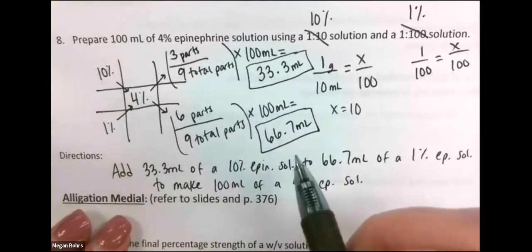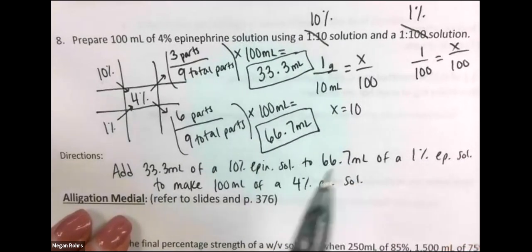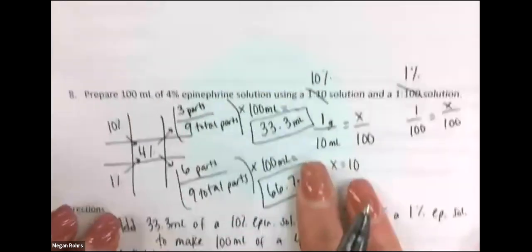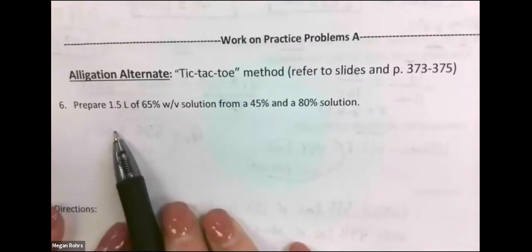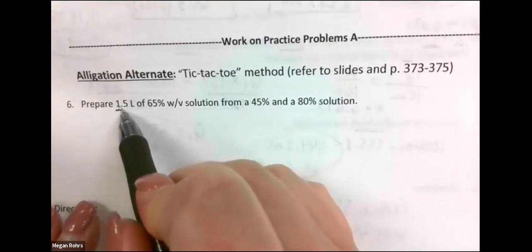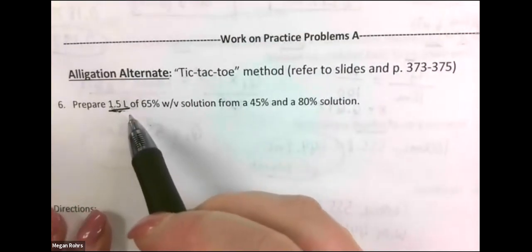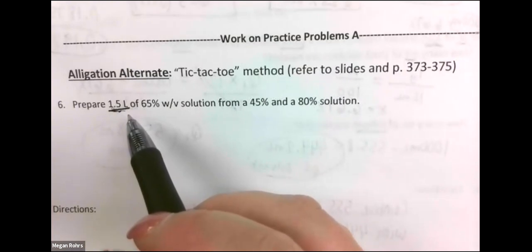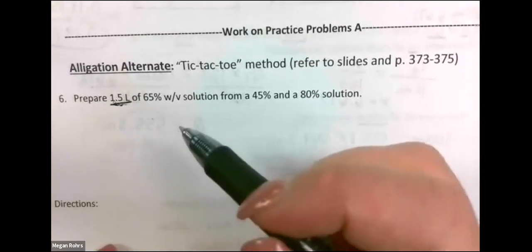Okay. So now with those two examples, I want you to go back and answer number 6 on the worksheet. So number 6, you're going to want to change this into milliliters first, because we're going to be solving for milliliters of each solution. But that one should be pretty similar to the last two that we've done.